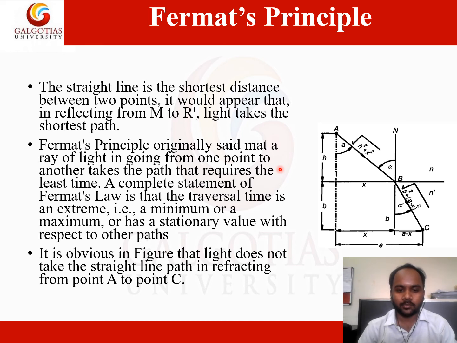Fermat's principle is that the traversal time is an extremum, a minimum or a maximum, or has a stationary value with respect to the paths. So the distance and the time are going to be minimum when it comes to Fermat's principle, but when it comes to optical path length, both things are going to be higher when you're comparing the two values together.